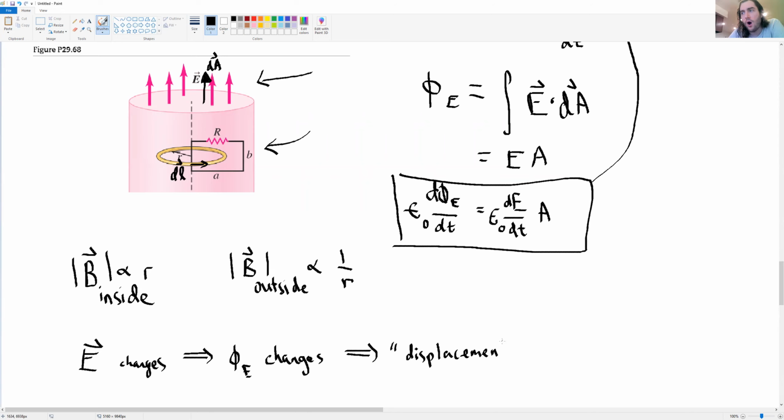And if we draw analogy to current flow in a long straight wire, then we would expect B to be proportional to r inside the wire and B to be proportional to 1 over r outside the wire. Did that make more sense? I think that was a more concise explanation. So let me know, did that make sense?